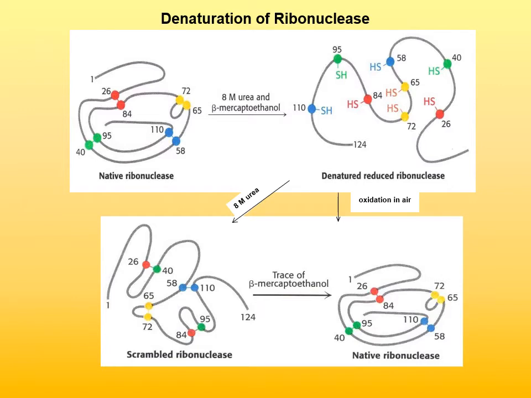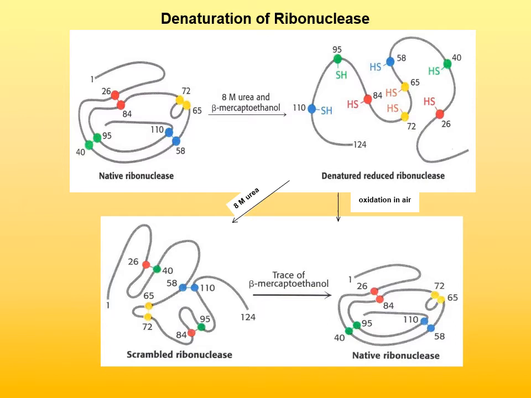So oxidation in air completely restores activity of the native ribonuclease, which means that upon oxidation in air, correct disulfide bonds are formed spontaneously. So as denaturing agents are removed, then intermolecular interactions operate in such a way that chain folds correctly and only correct disulfide bonds are formed. So those that really should pair up.